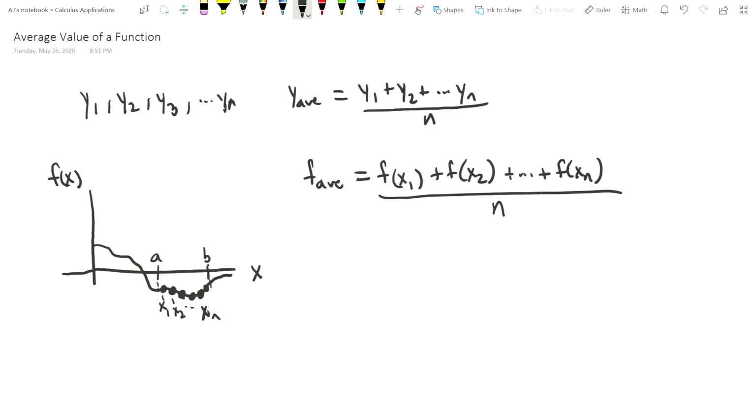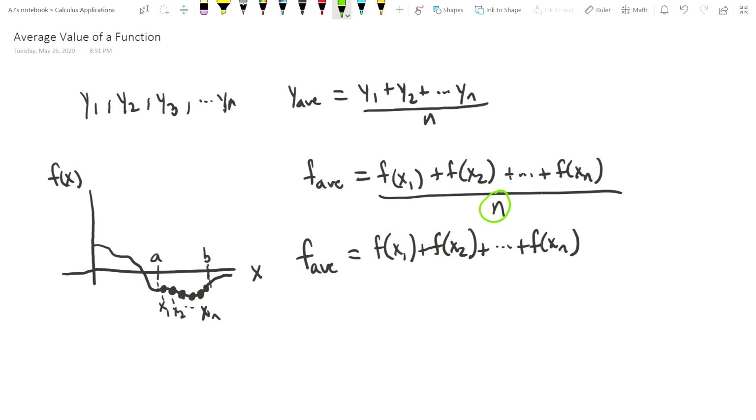It's the same procedure as before when we found the average value of y. Another way to represent this is like this. F average is simply f of x1 plus f of x2 plus, just as before, all the way to f of xn.